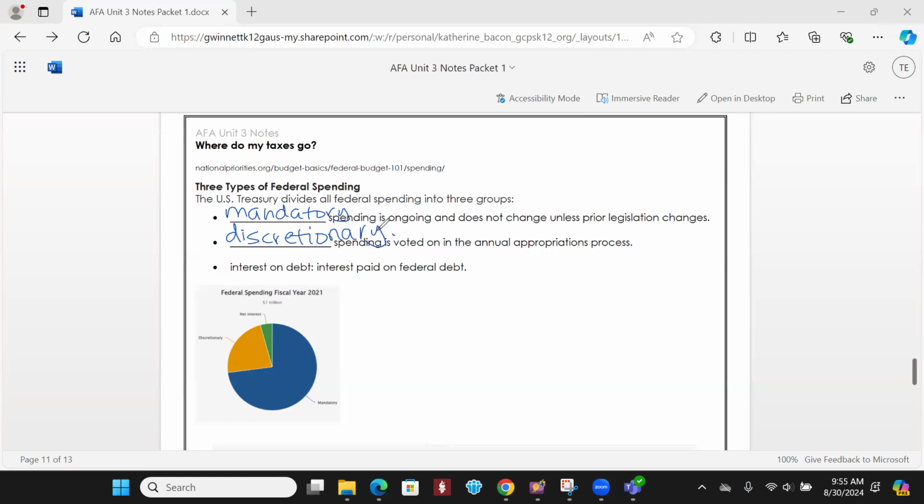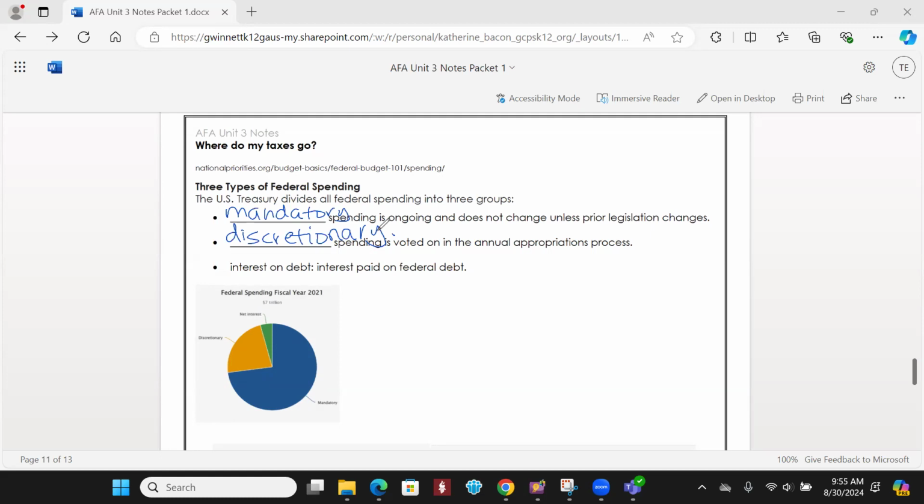And then you've got interest on debt, so interest paid on federal debt. I don't know if you know this, but our government is in a lot of debt. So with that being said, they're having to pay back their debts of money that they borrowed from various countries.